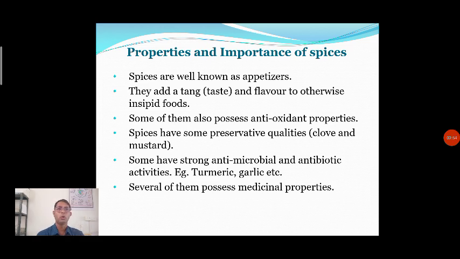Along with that, several spices possess medicinal properties. So we can say that these antimicrobial and antioxidant properties are called the medicinal properties of that particular spice.